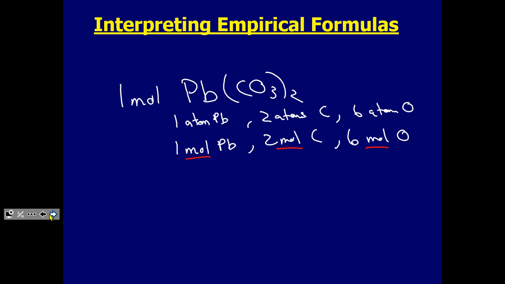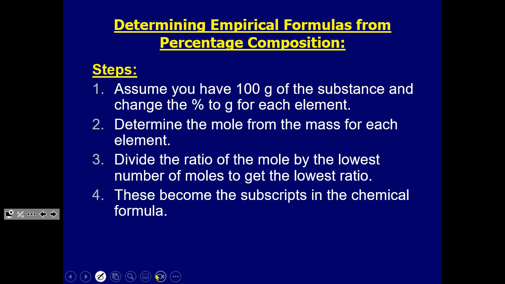Now again, here's the rules. Don't write it down. You can make reference to this. You can go back to Google Classroom and find this online, but I'm going to just do this as I go. We're going to start by calculating from percentages, because we're going to have lots of percentages. When we have a percentage, we're going to turn the percents into grams. We're going to pretend we have a sample that's 100 grams in size.